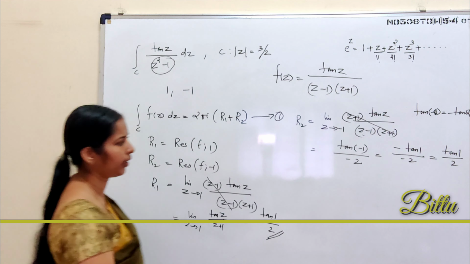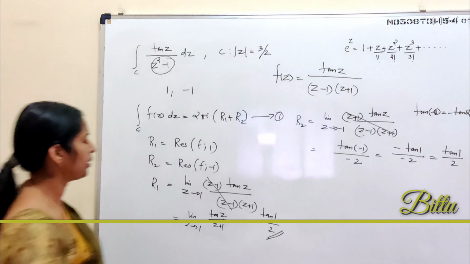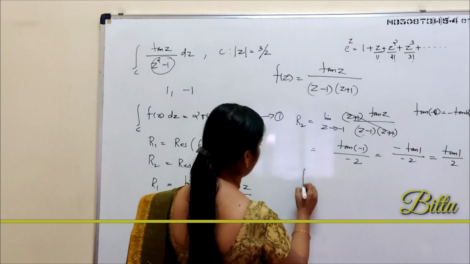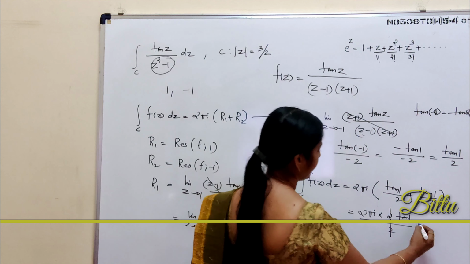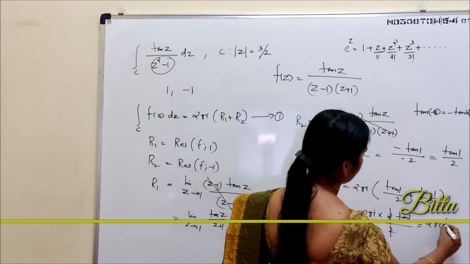So both R1 and R2 are tan 1 by 2. You substitute in equation number 1. Integral over C f z dz is 2 pi i into tan 1 by 2 plus tan 1 by 2. That is 2 pi i into 2 tan 1 by 2. Tan 1 is tan 1 itself. So the answer is 2 pi i tan 1.